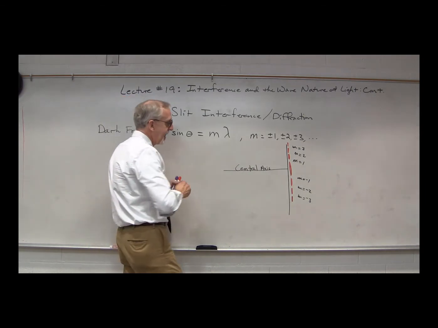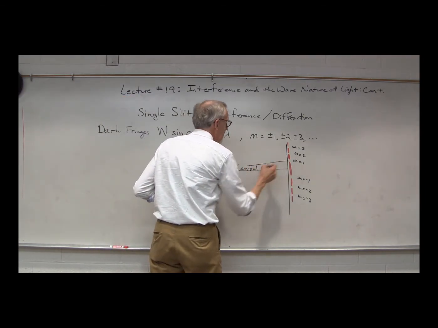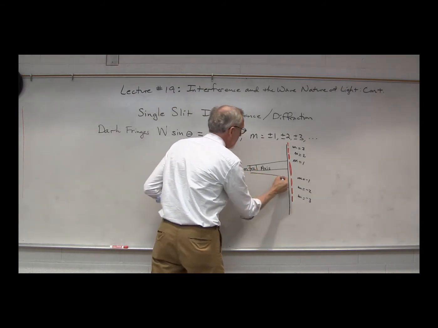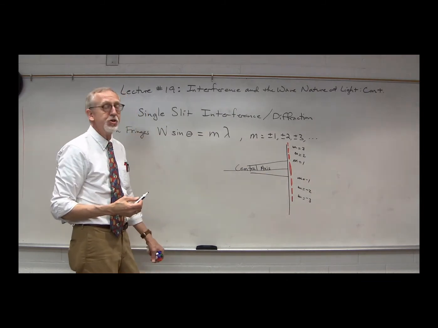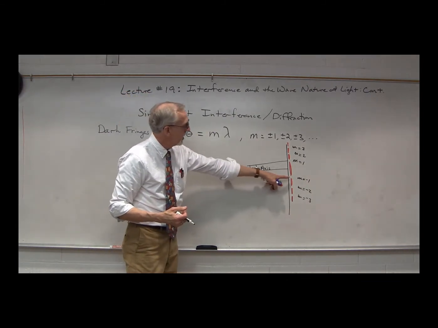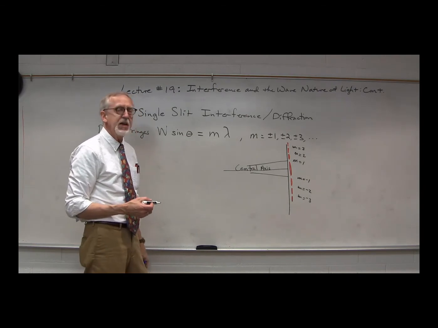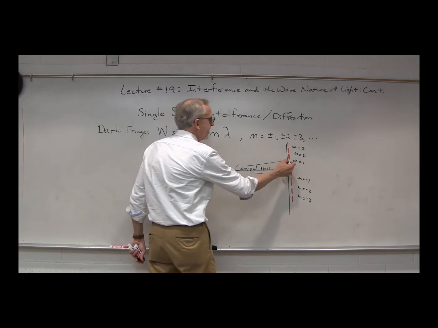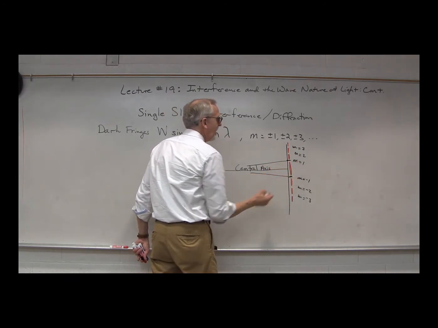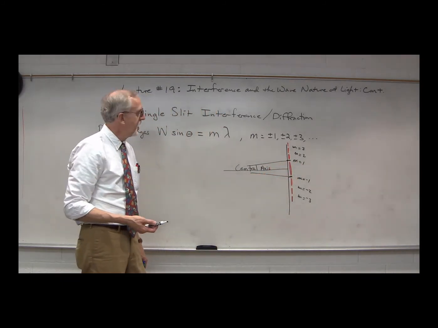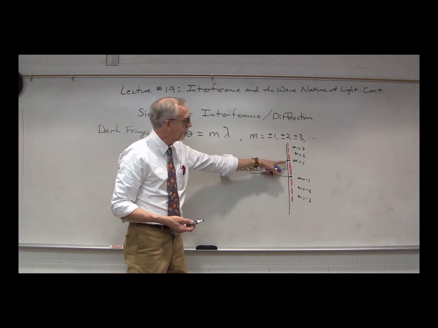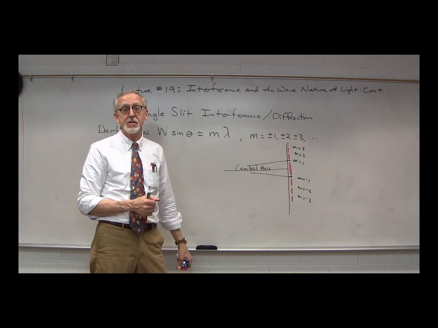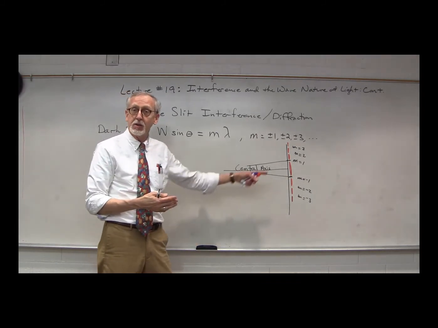Well, we might ask if we've got an angle theta up to our m equals 1 dark fringe and an angle theta below, negative theta, to the first dark fringe below, we can think of the width of the central bright fringe basically as the distance between the centers of the two dark fringes that border it. So we might think of the bright fringe being bordered by those two dark fringes, and then the distance between those two dark fringes would be the width of our central bright fringe.